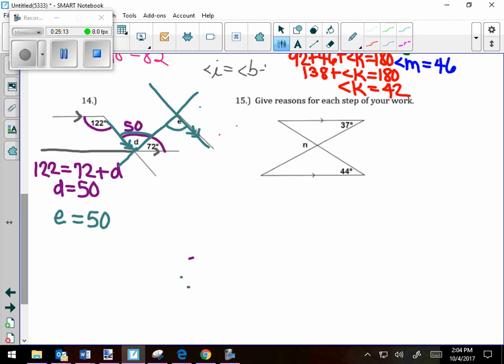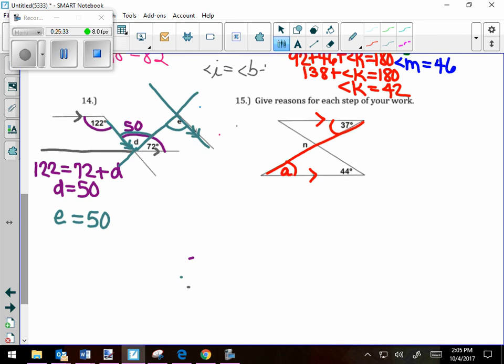What I'm going to do in this particular case is I'm going to start with working on the parallel lines. And with these parallel lines, if I focus on this transversal right here, this 37 degrees and this angle right here are equal to each other because they're alternate interior angles.